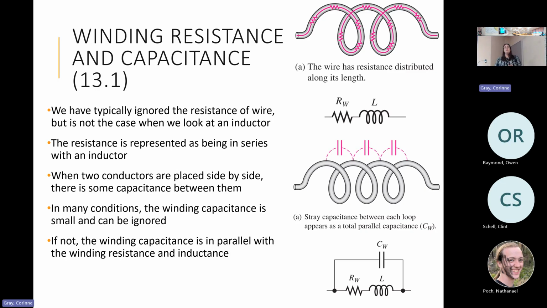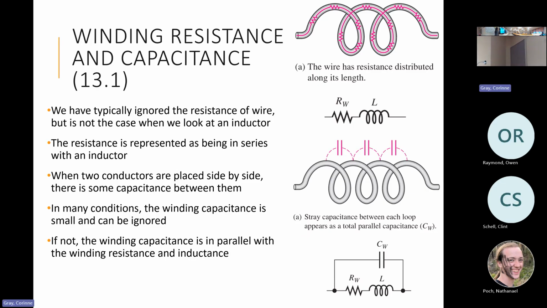We are going to be looking at the simplest cases for inductors. If you go on to take circuits 2, you will get to learn about inductor polarity and how that affects different parts of the circuits, and deal with that then, but we're not doing it in this class.